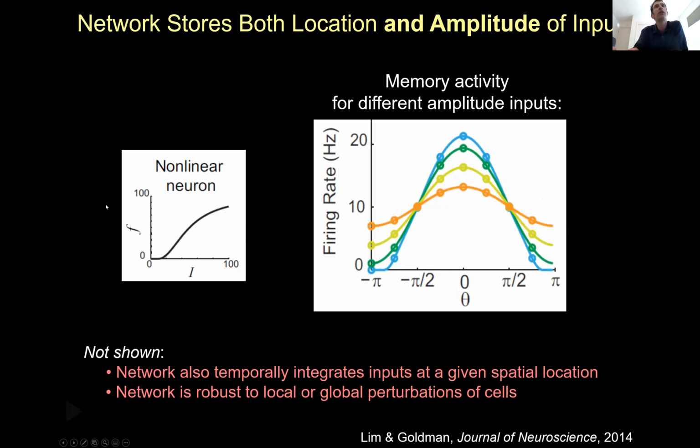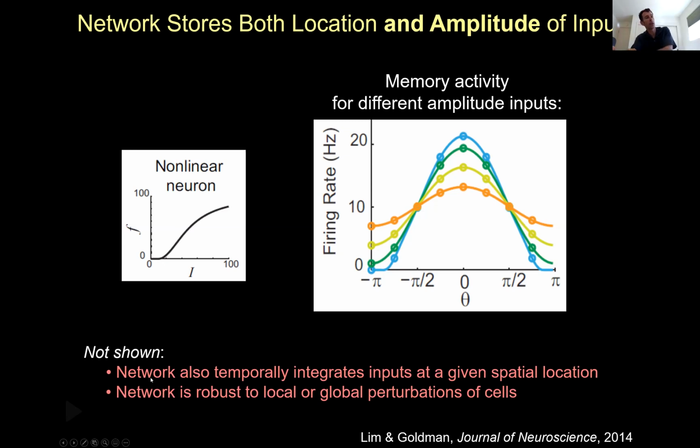That's a nice feature of it. You can now maintain memory activity for different amplitudes of inputs. What's shown here are four different trials with 4 different levels of input from orange up to blue. You can see that the amplitude of the input is now stored in the persistent activity pattern. So the bump of activity can now encode amplitude information.